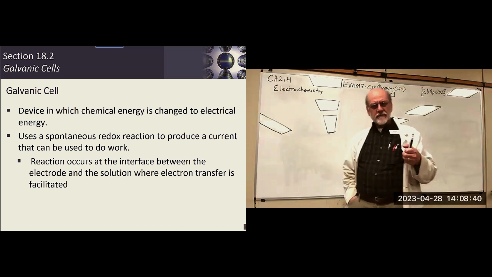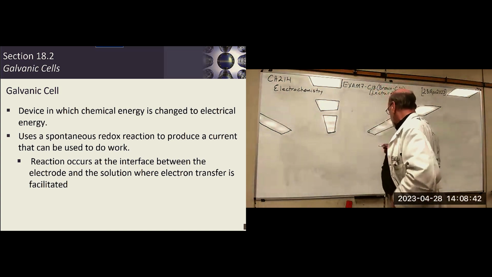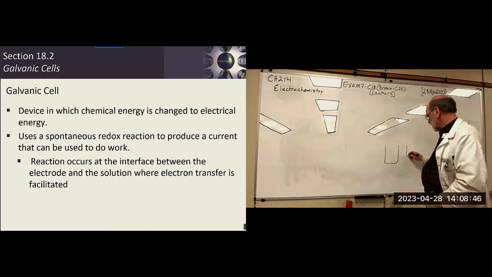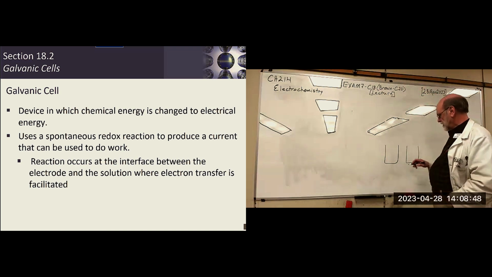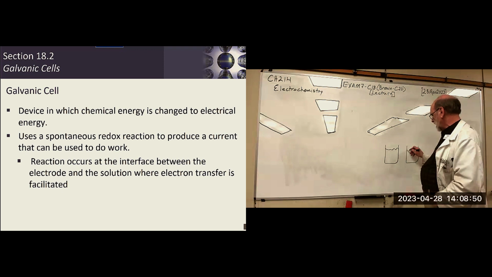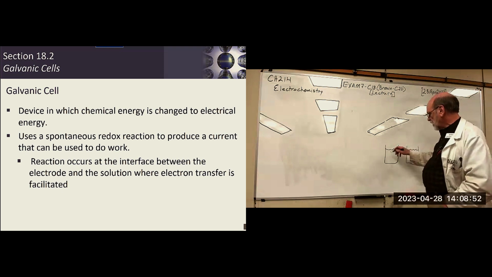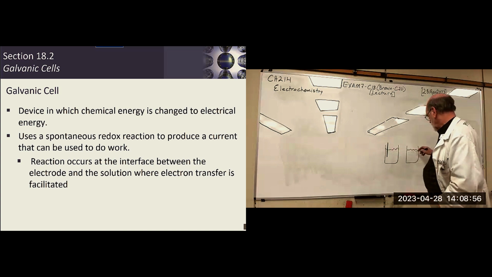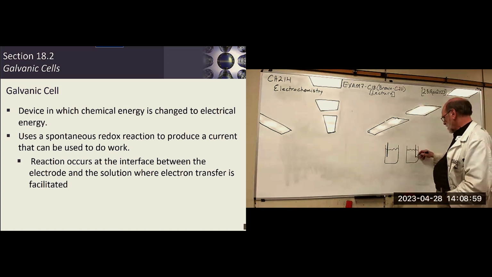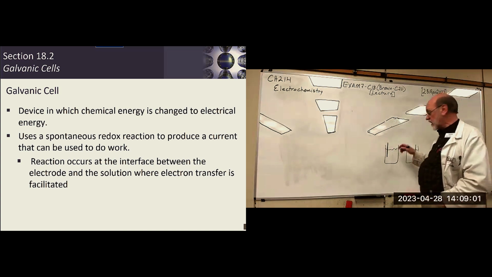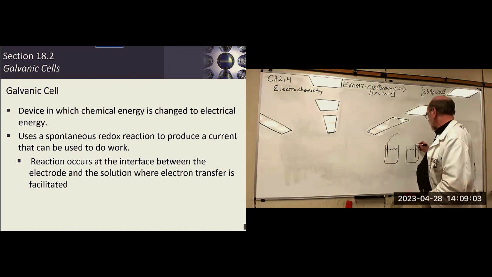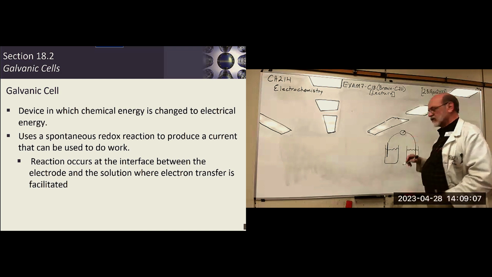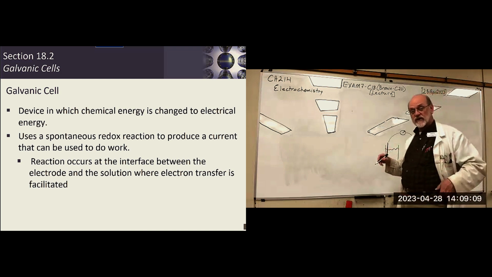The other factor is if we've got two half reactions, say in these two vessels, and let's say they're in solution. How about that? And we have an electrode here, an electrode here. We need something to conduct the electrons, and then we bring that through an external circuit and maybe put a meter on it so we can measure the movement of electrons.